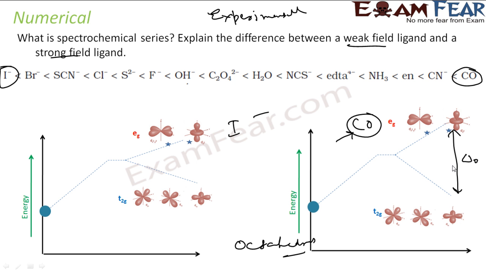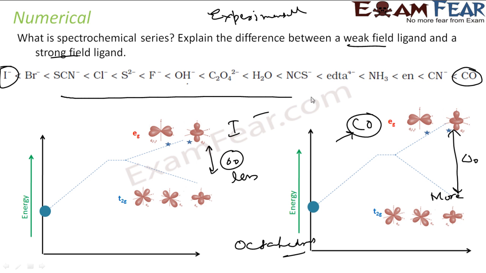This energy is more. Here, this energy will be less. Okay, so based on the experimental value of crystal field splitting energy, this series has been determined. It is useful to calculate or extrapolate the structure of various coordination complexes. Okay.